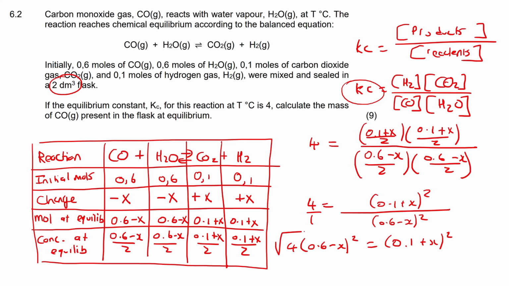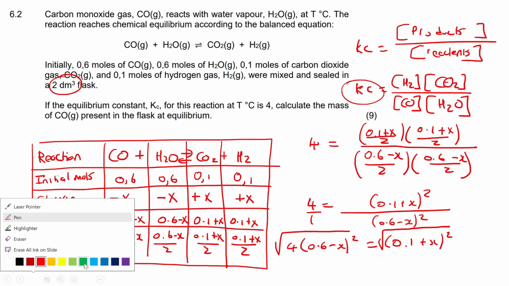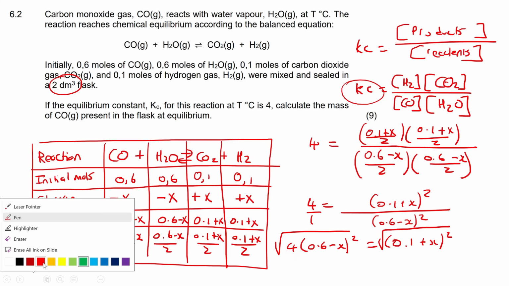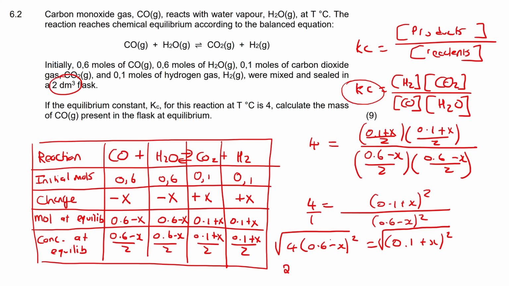But I'm just going to square root both sides, because I know that the square root of 4 becomes 2. I know that the square root of that just gets rid of the square, and so you're just left with 0.6 minus x. And then on this side, it just gets rid of the square, so you just end up with that. Suddenly, things are looking quite straightforward.